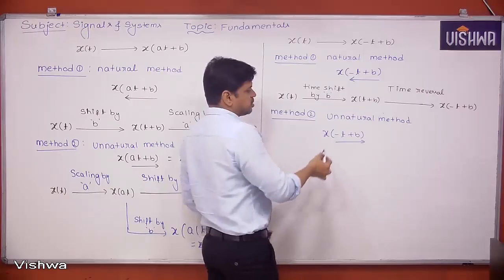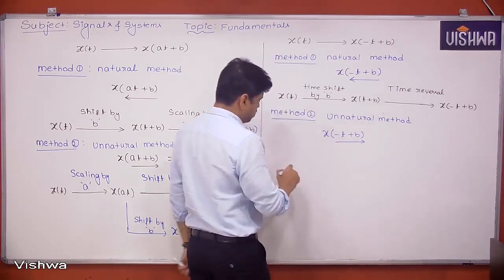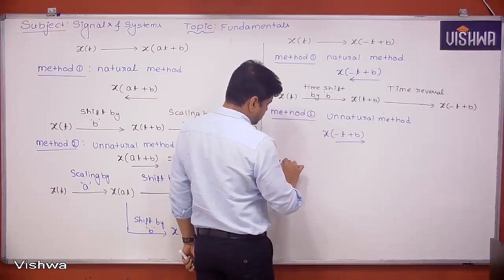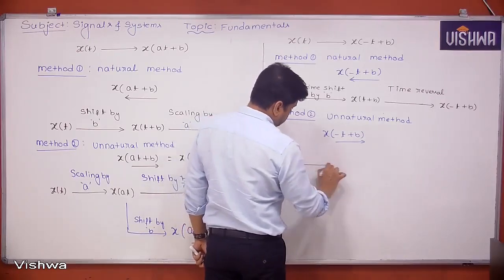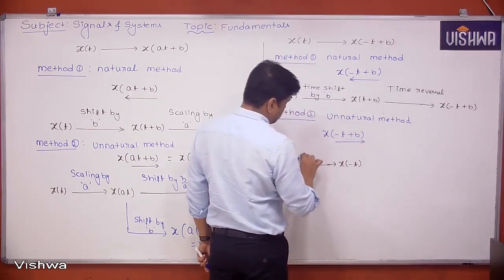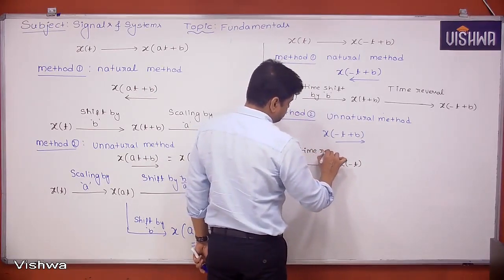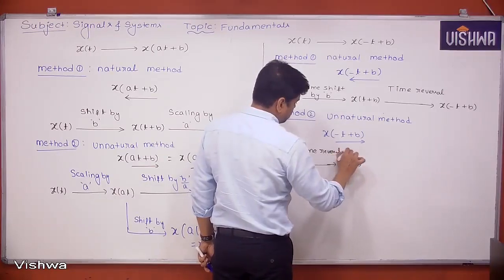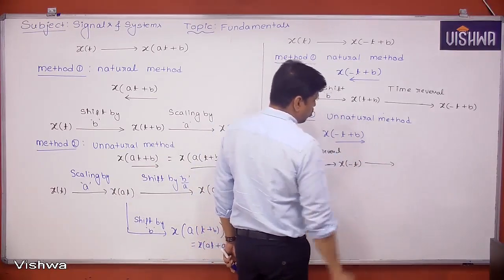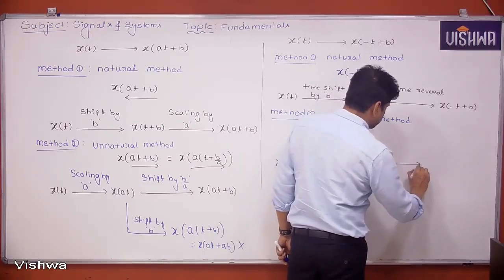That means first time reversal, then shifting. So let's say I know the x of t signal. To get x of minus t, first operation is time reversal. Next, what operation do we have to do so that I can get x of minus t plus b?